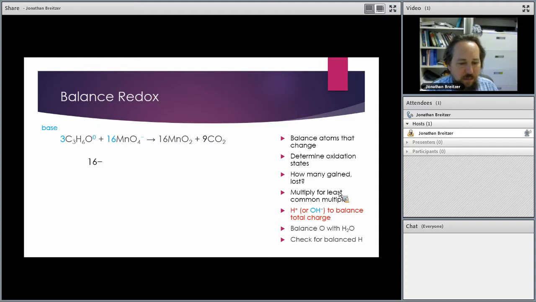And the permanganate has a 1- explicitly written there, the minus sign there. That's multiplied by 16, so that gives you 16-. Notice we're not worrying about oxidation states. We're just multiplying coefficients times the charge that's actually written. If there's no charge written, it's 0. So on the left side is 16-.